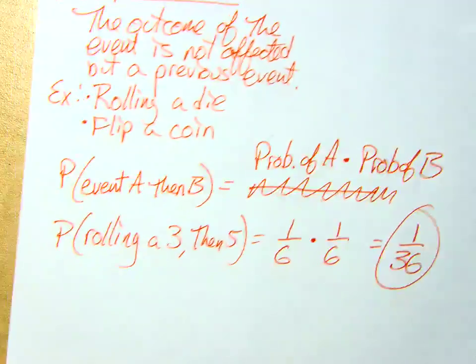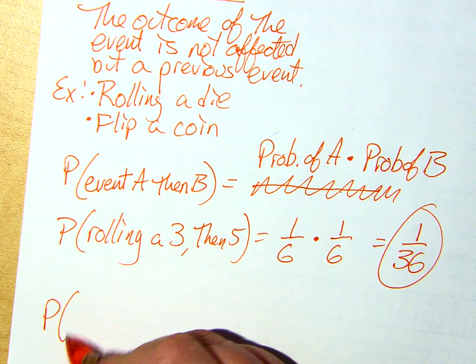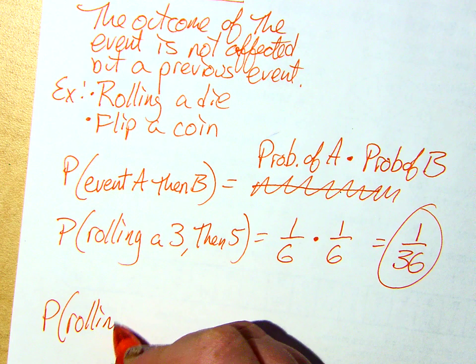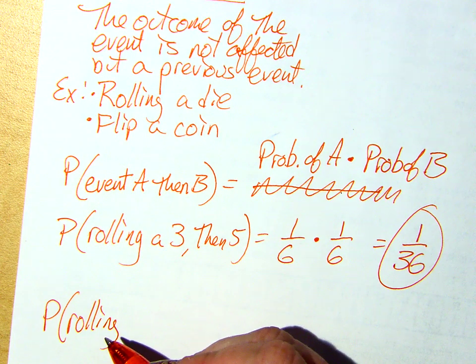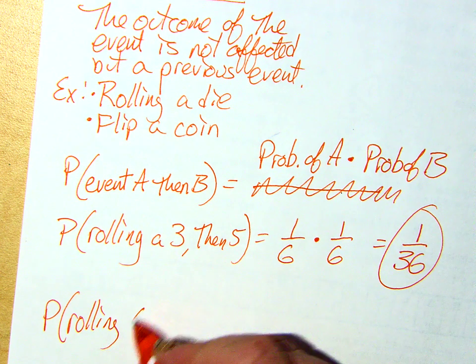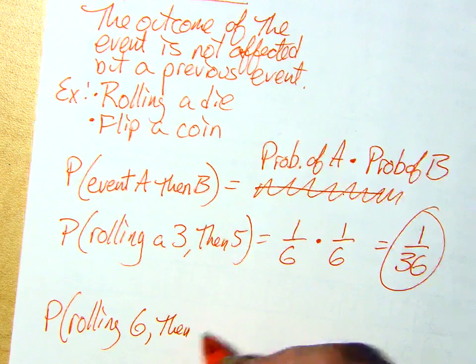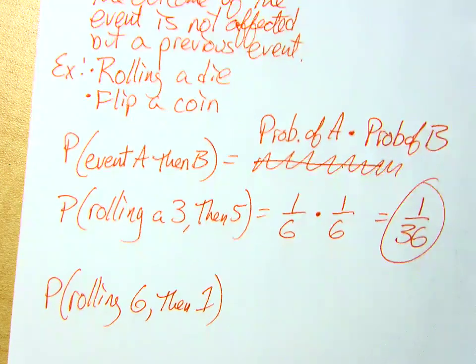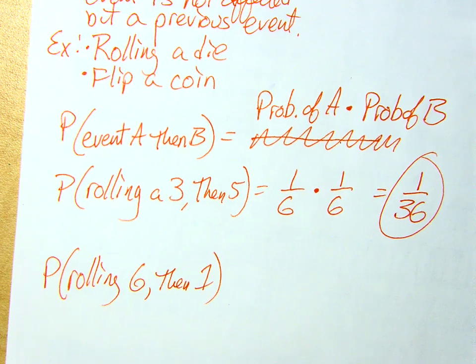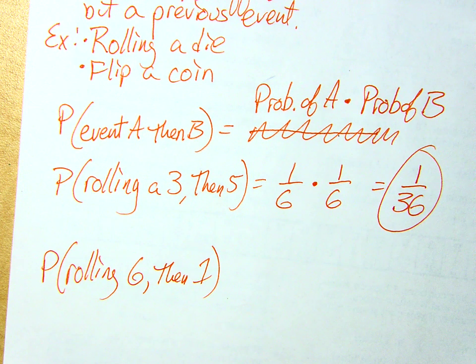Okay, so what would the probability of me rolling a 6 then a 1 be? Don't you already know the answer?